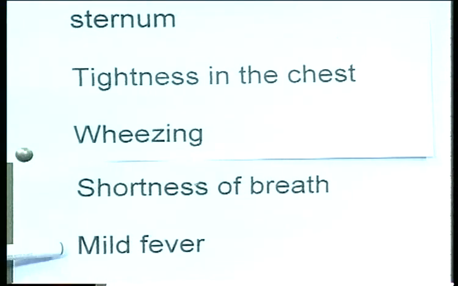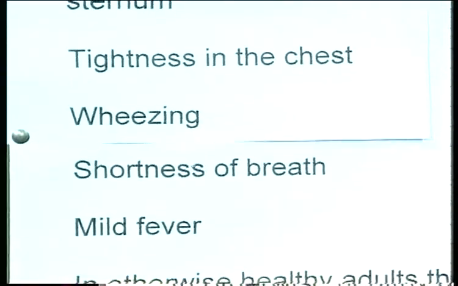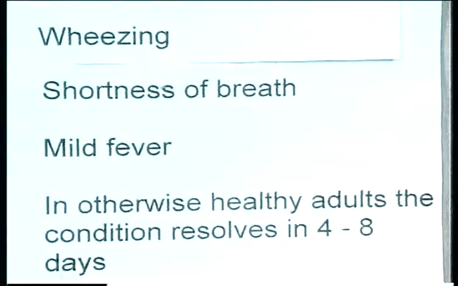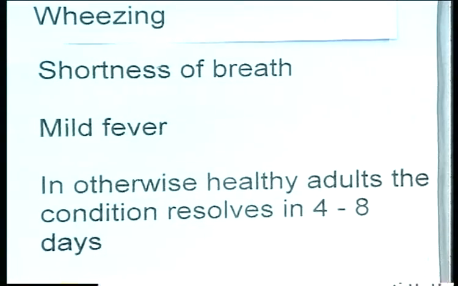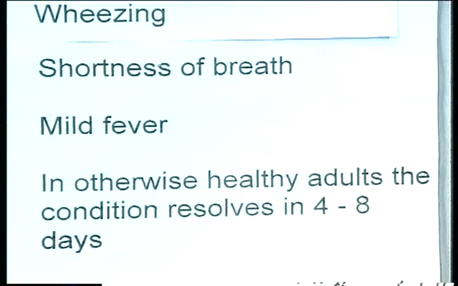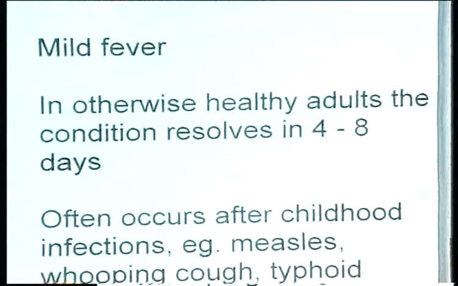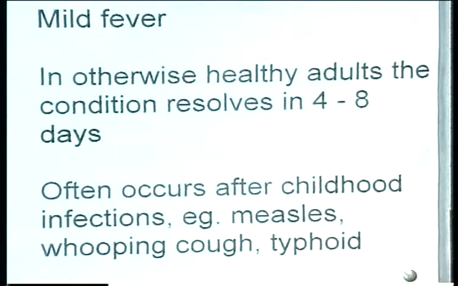There may be a mild fever because of the infecting viruses and bacteria. And typically this is a self-limiting condition. In otherwise healthy adults, the condition resolves in about a week normally. And bronchitis is fairly common in childhood, after any childhood infection such as measles or whooping cough or typhoid.